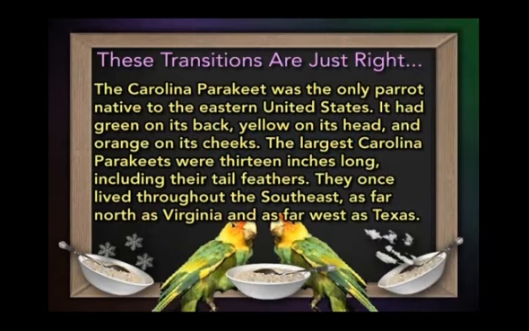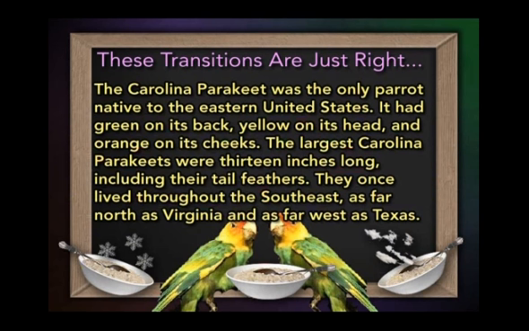Here's my answer. Your answer may differ a little bit. The Carolina parakeet was the only parrot native to the eastern United States. It had green on its back, yellow on its head, and orange on its cheeks. The largest Carolina parakeets were 13 inches long, including their tail feathers.